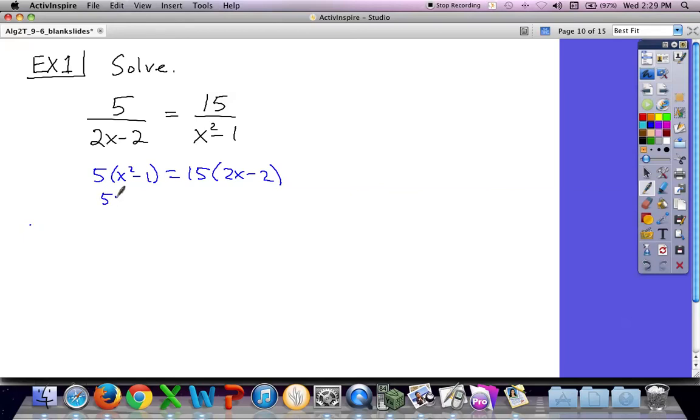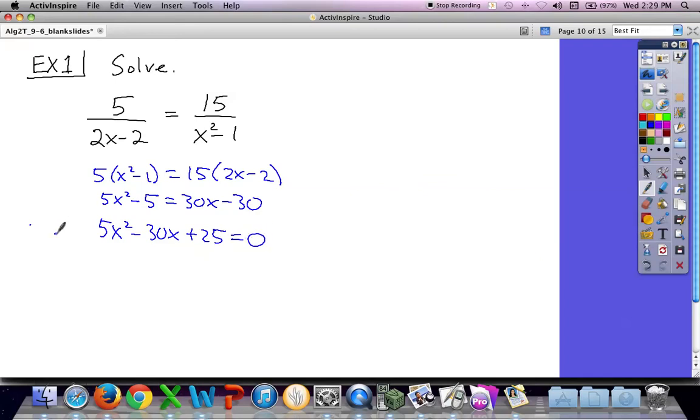5x squared minus 5 equals 30x minus 30. Quadratic, we need to get everything on one side, 0 on the other. So that'll be 5x squared minus 30x, and then if I add 30 to both sides, I'll get plus 25 equals 0.